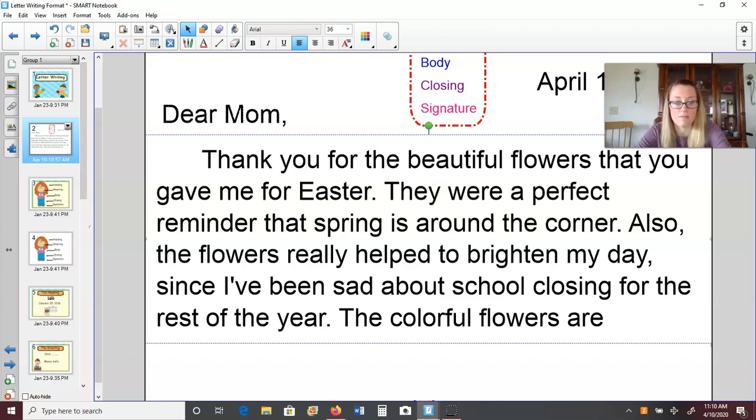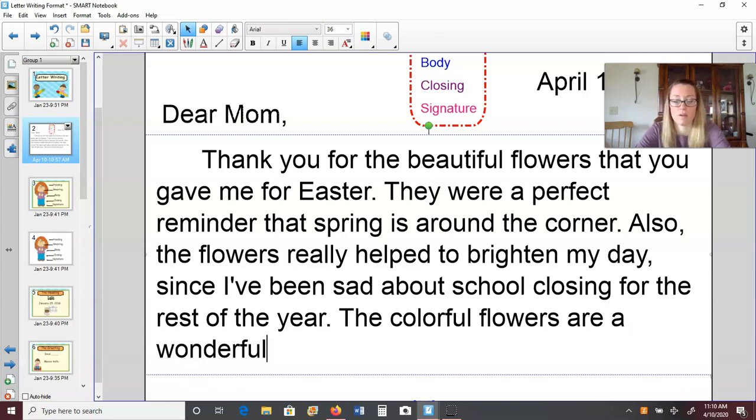The colorful flowers are a wonderful, let's get rid of R and say have a wonderful scent as well.